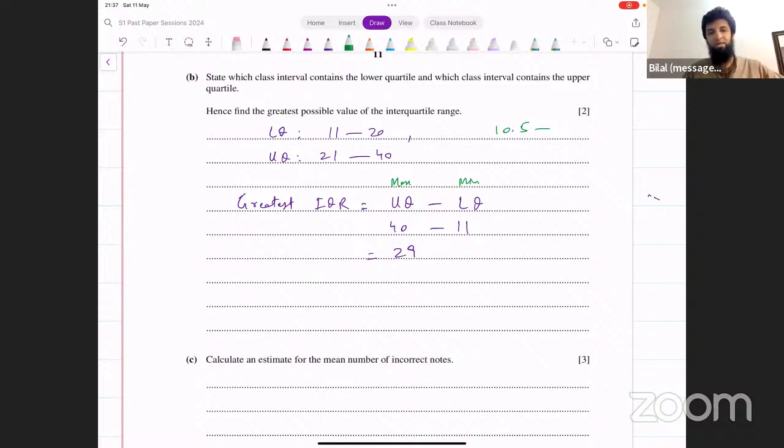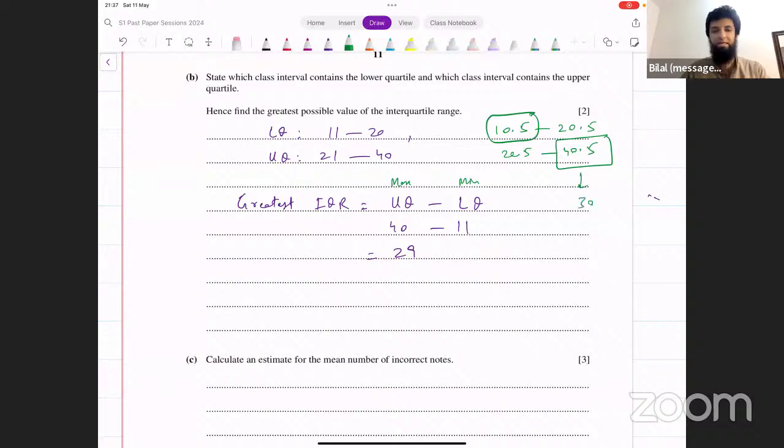Then you would consider the interval 10.5 to 20.5, and then 20.5 to 40.5. In that case, the greatest possible interquartile range would be 40.5 minus 10.5, and that will turn out to be 30.